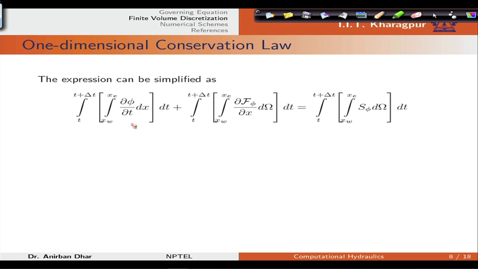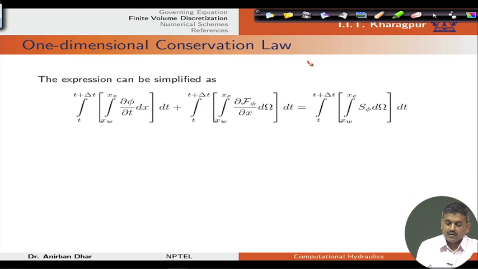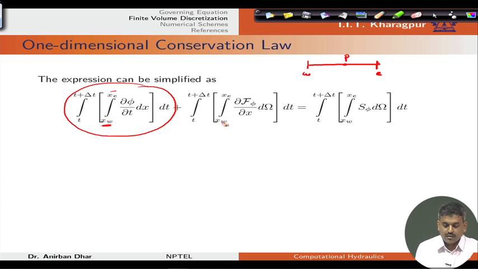We have considered this P cell. The P cell runs from x w, that is face w, to face e. Now, for the derivative here we can replace the integral limits x w to x e for all the cases.